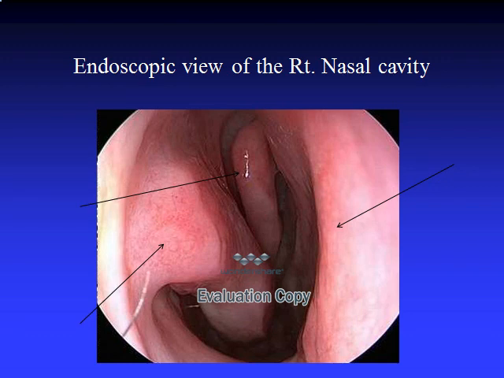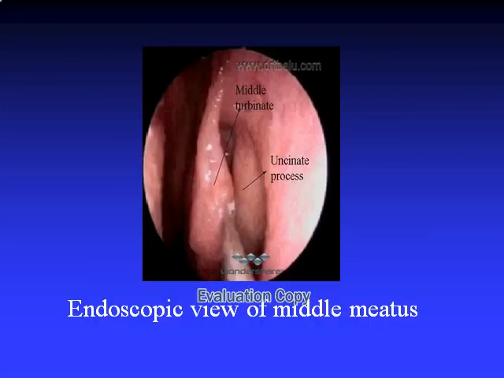The arrow in the left below shows the anterior end of the inferior turbinate. This is the endoscopic view of the middle meatus, showing the middle turbinate, and this is called the uncinate process in the middle meatus.